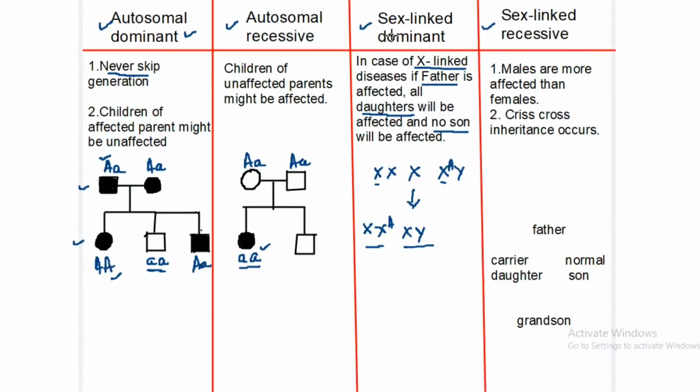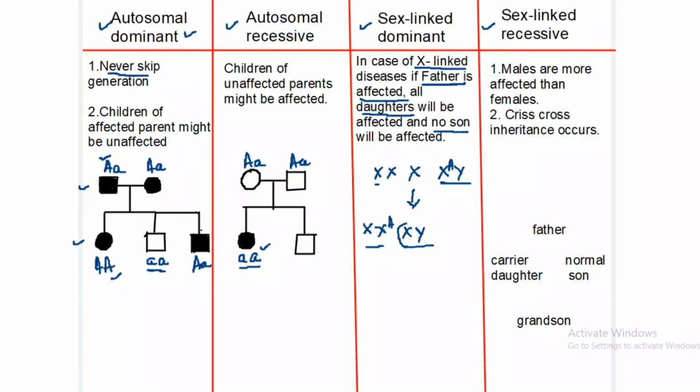So if the disease is sex-linked dominant, and we are taking the case of the father being affected, the father always transfers the X chromosome to the daughter and the Y chromosome to the son.